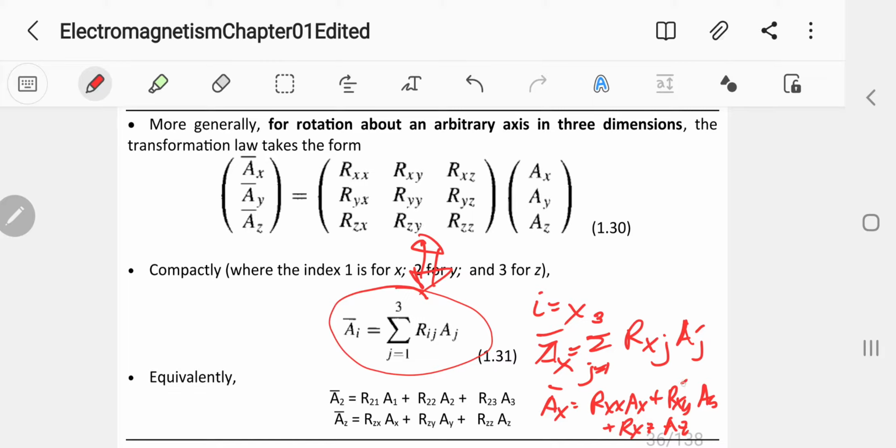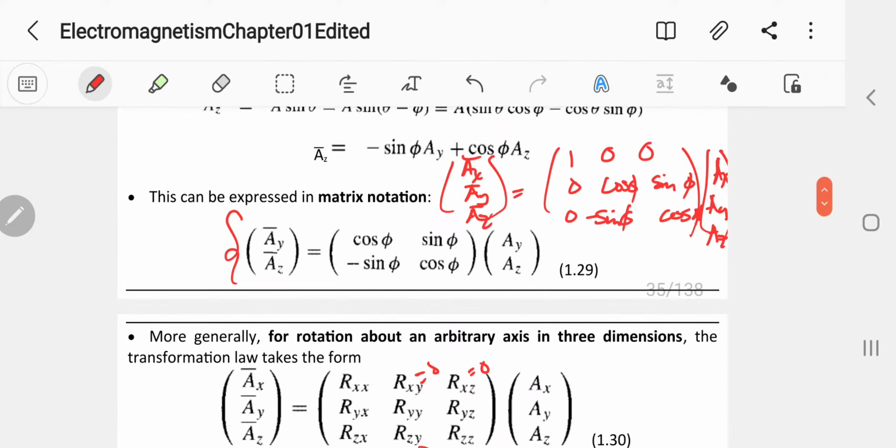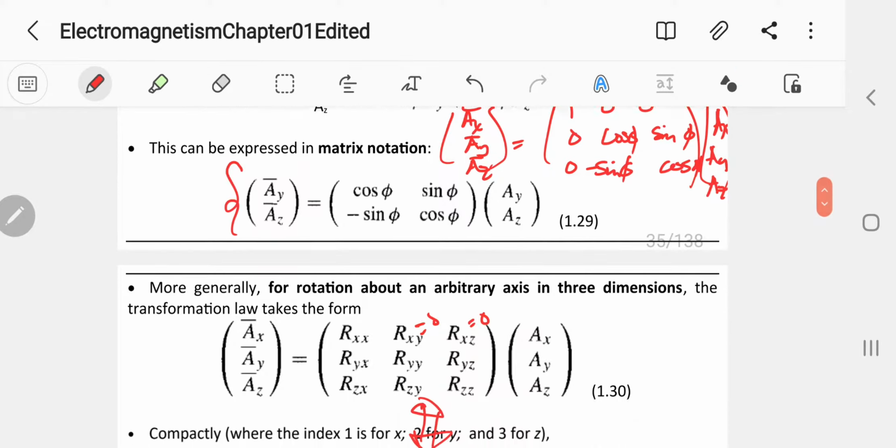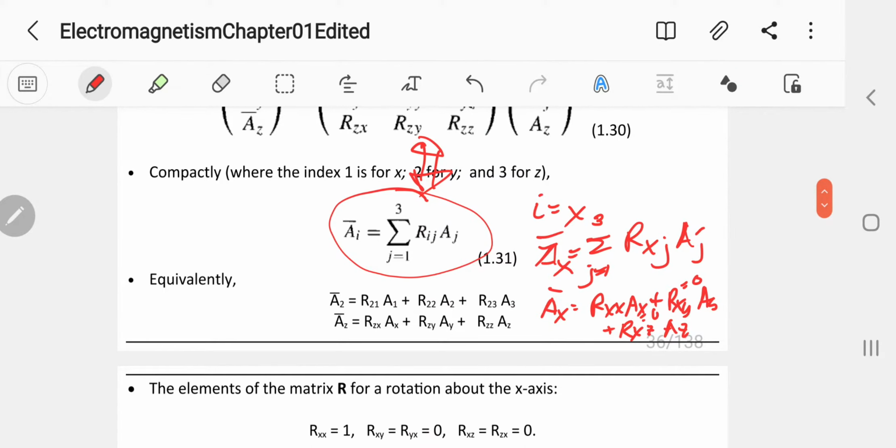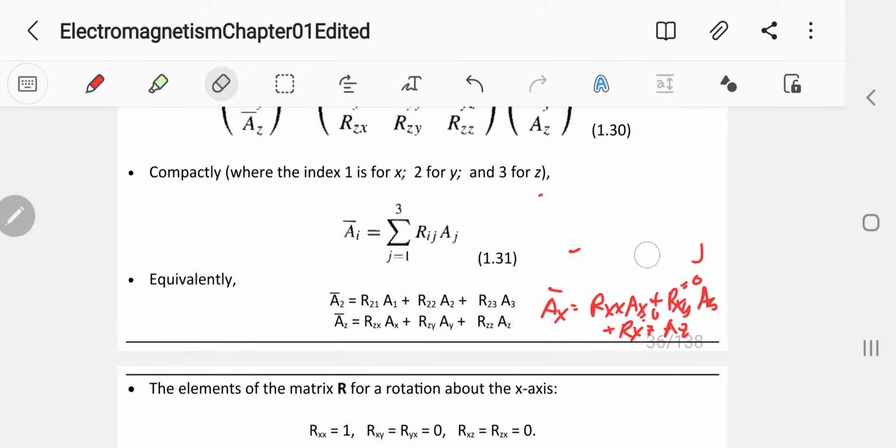But your r_xy is equal to 0 and r_xz is also equal to 0, like here is equal to 0, and this is also equal to 0 up here. So your a_x bar is equal to a_x. And equivalently, you can also do that for a_y bar and a_z bar.